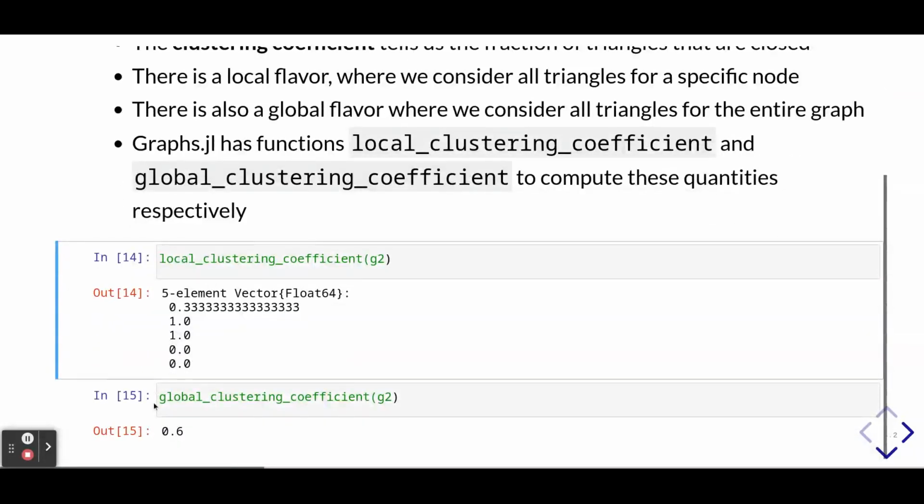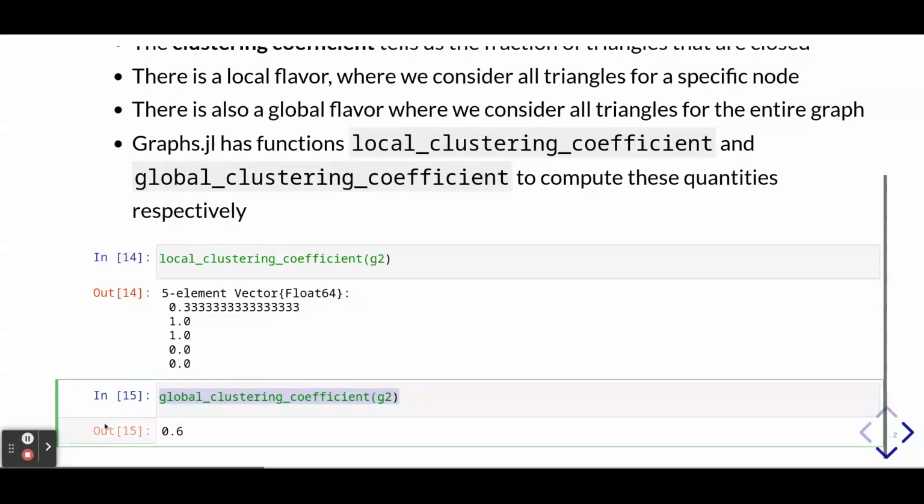Now when we turn to the global clustering coefficient, things get a little bit more interesting. Here's how we compute the 0.6. We recognize 0.6 as 3 over 5. And so let's see where that comes from. We're going to write 0.6 is equal to 3 over 5. And if you remember, we had the following sets of arrays.